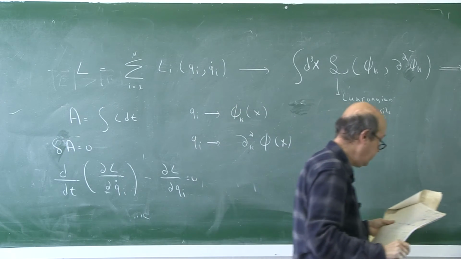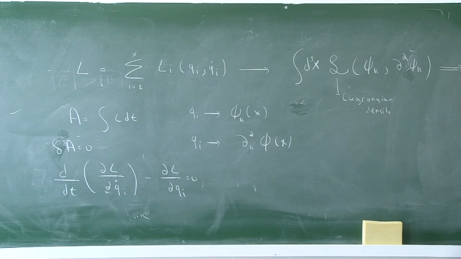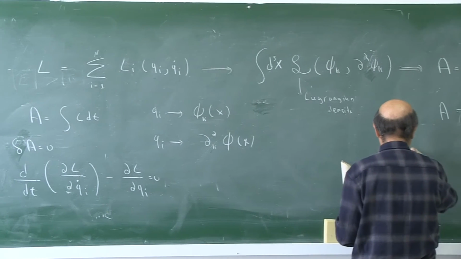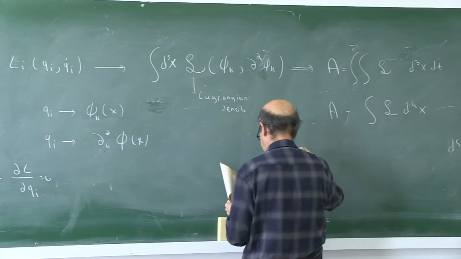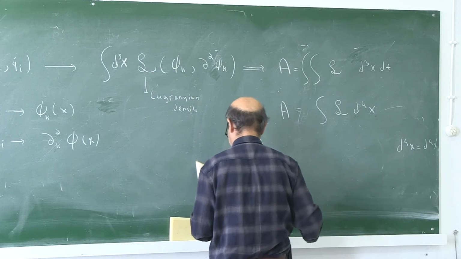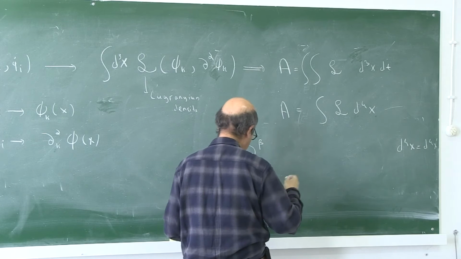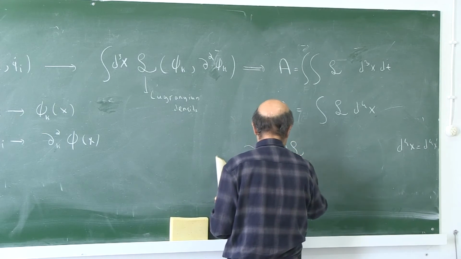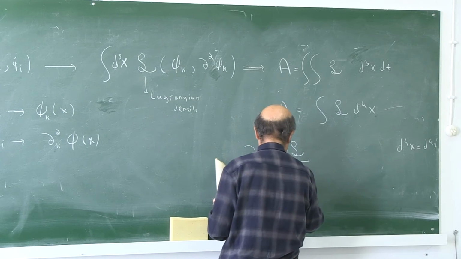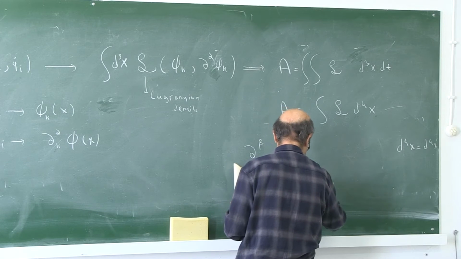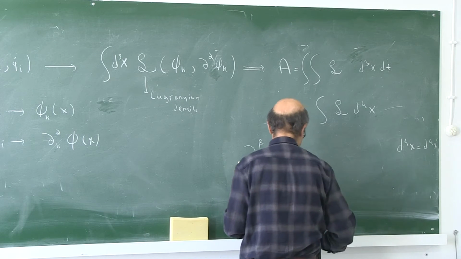And if you do the same thing here, what is the equation of motion? Basically, this is four-dimensional, and instead of d over dt, you will have del beta, where beta is 0, 1, 2, 3, of del Lagrangian density over del beta phi k.